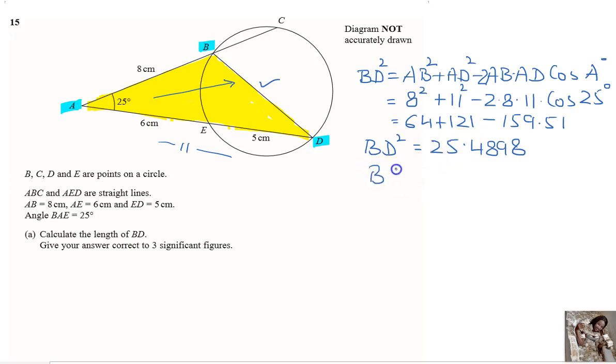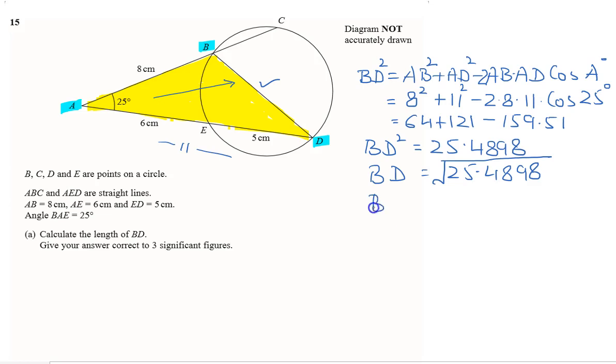So BD will be root 25.4898. That is, up to 3 significant figures, 5.05. We are not going to use the other numbers. So this is the answer, that is BD.